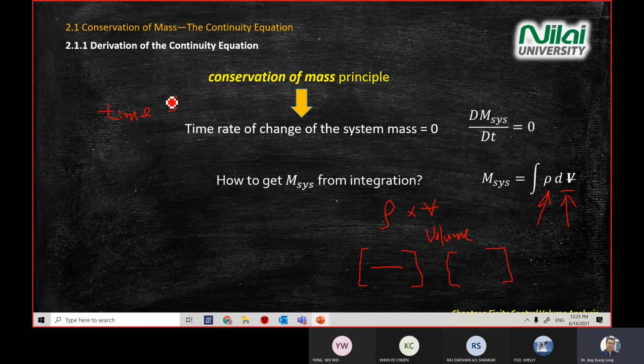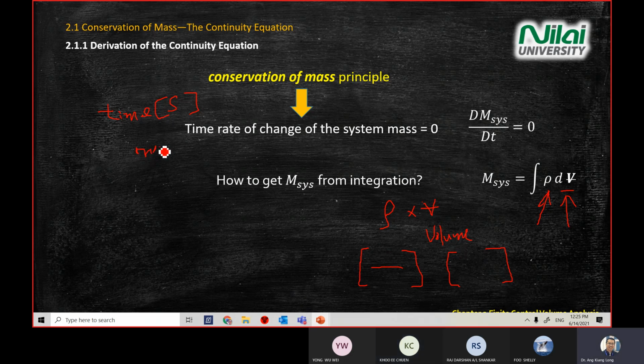Second. You use second, right? So rho, you use what? Mass per volume.